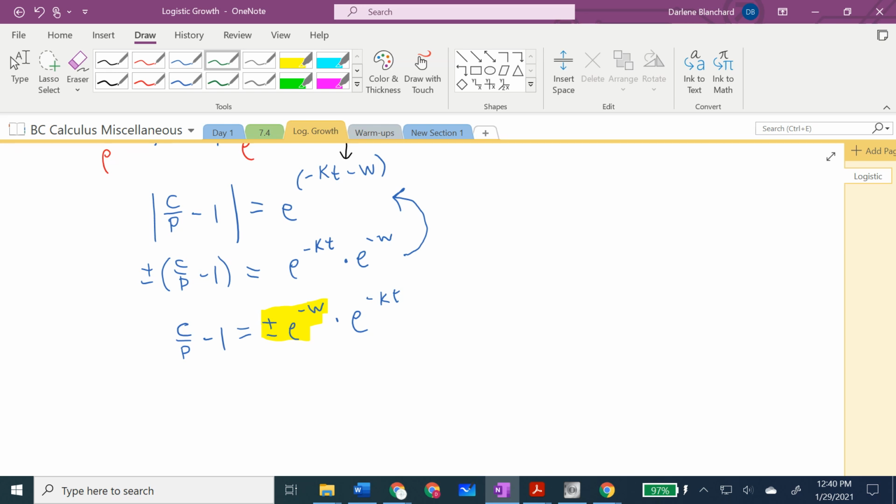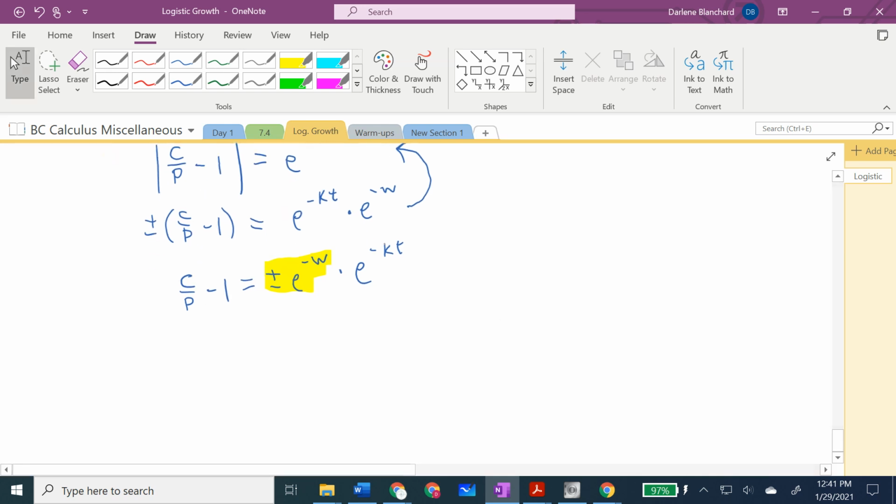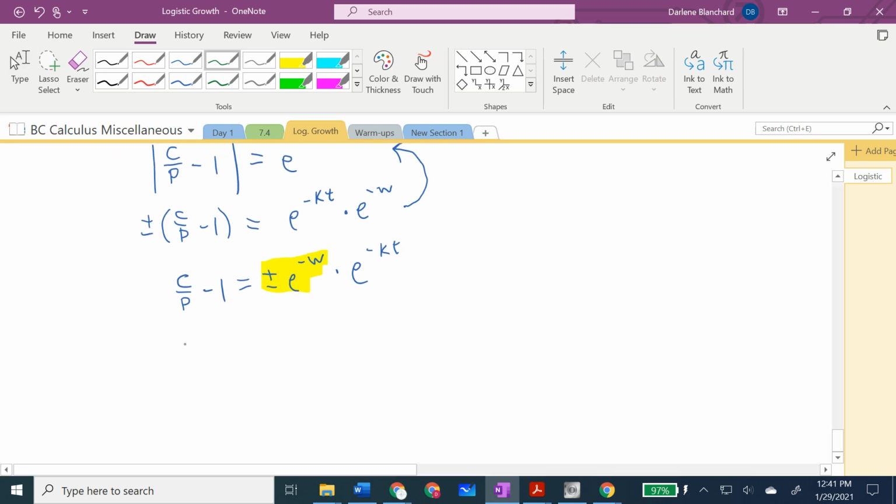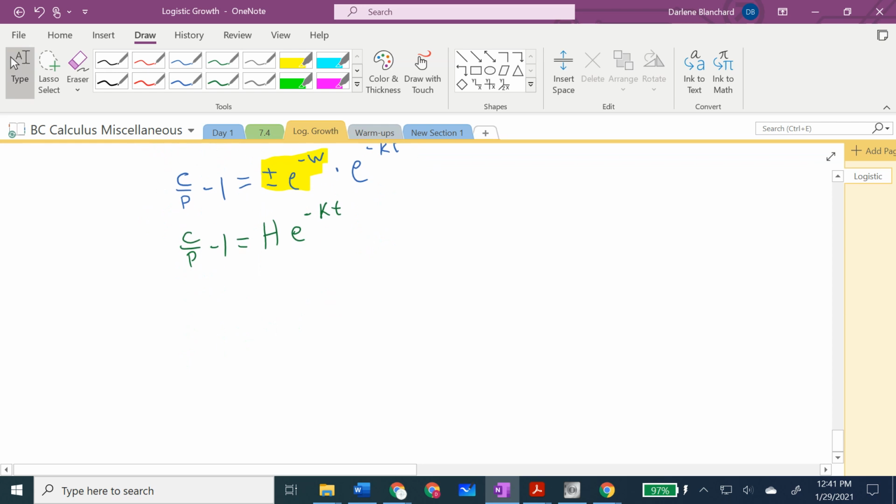Oh dear. So let's see, what letter shall we use that we can nicely distinguish? Ooh, I like it. That's a distinguishable letter that we haven't used. So C over P minus 1 equals some unknown H, and I'll use capital, but you can use your own letter as well. And now, this is quick. Blink and you'll miss it.